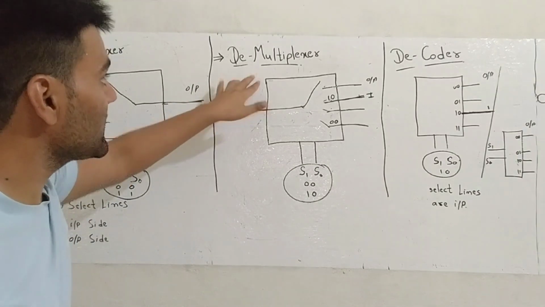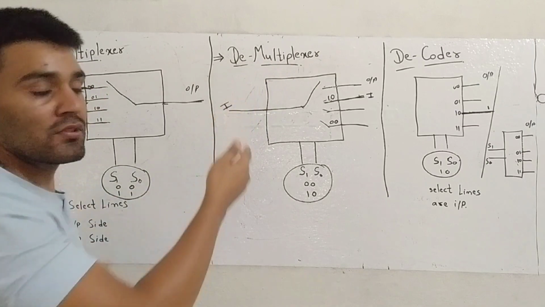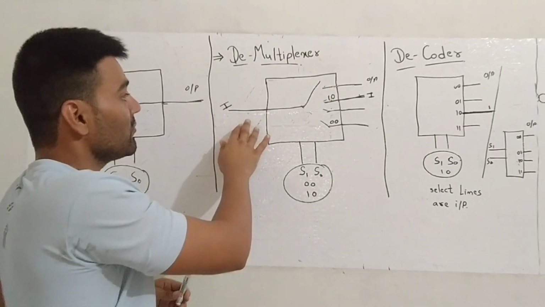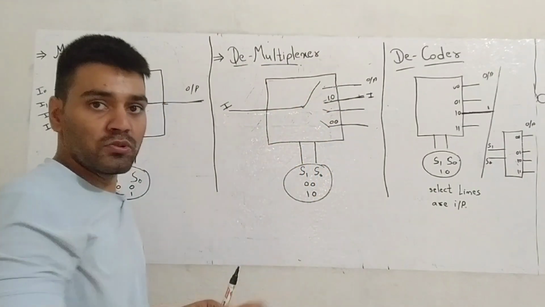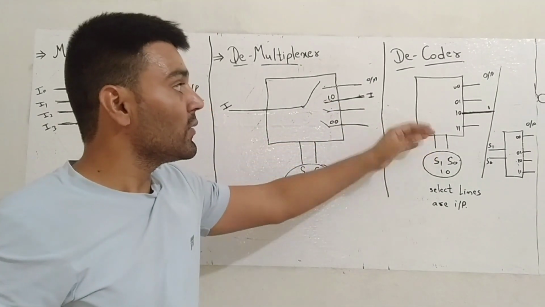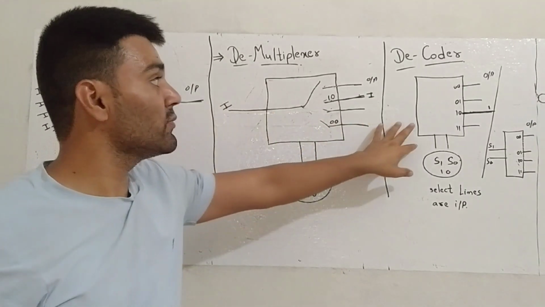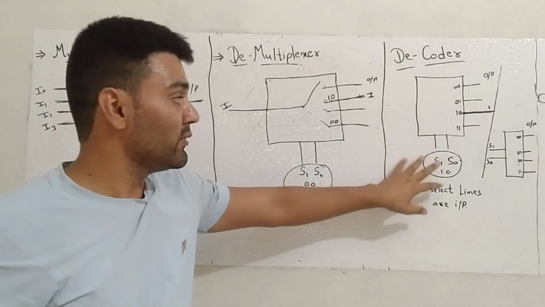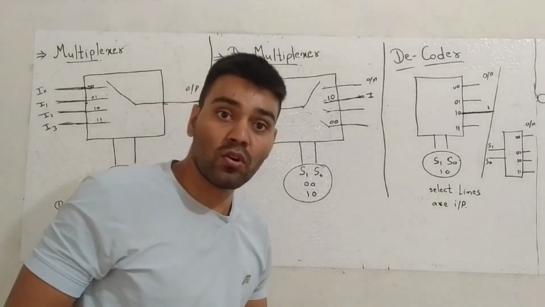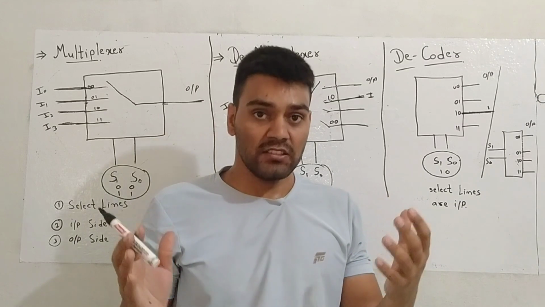In the demultiplexer, there is not multiple input; multiple outputs are there. And the decoder we can remember by just making the input as 1 on the demultiplexer, and we are getting this decoder. So I tried to provide these tricks and these definitions.